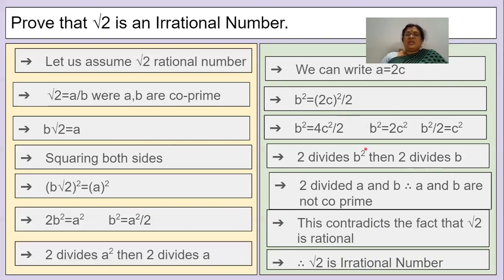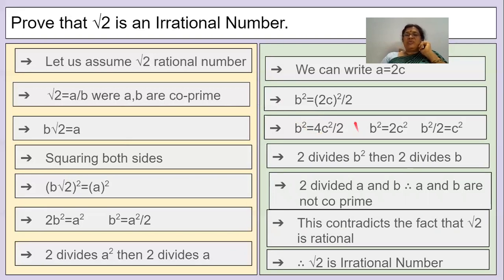So like this, each and every step will be in this model only. This is a very important problem. In place of 2, you may substitute 3, like root 3. Prove that root 3 is an irrational number, or root 5, root 7, root 11. As such, you can take and solve these problems. As many problems as you can solve.